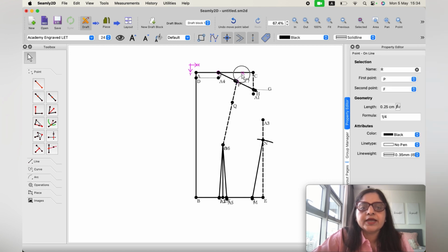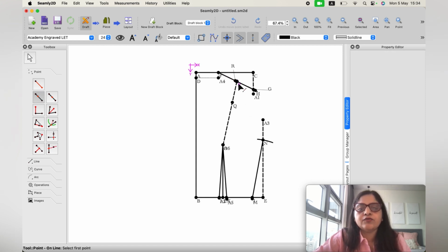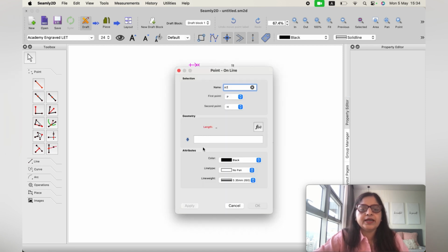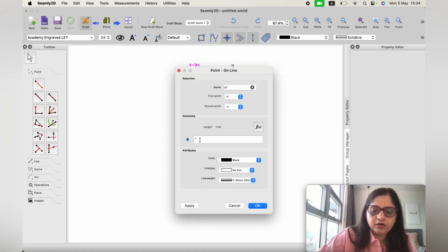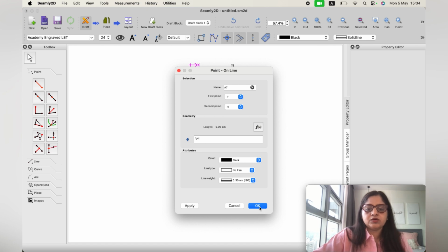These points get too close, so I'm putting this R point away, and I'll take a point along the line from P to H, again at 1/4 inch.